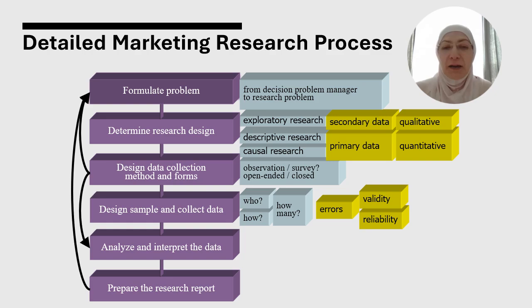Now, then you have the analysis and interpretation of the data. And with that comes, for example, thematic analysis for the qualitative data, where you identify specific themes that come out of the data after coding and categorizing.